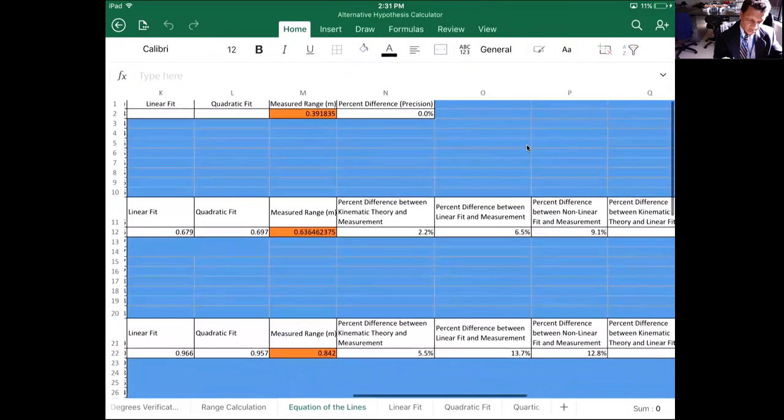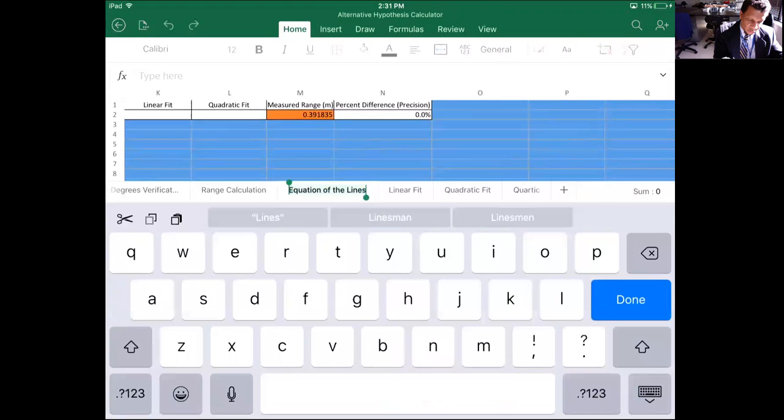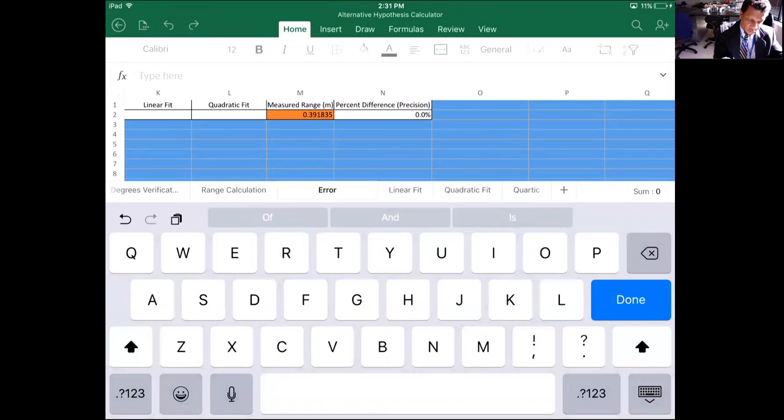I say equations of the line, but this is really our analysis. I probably should change this particular title and just look at it as analysis, or analysis part 1. But we have our linear fit here. You know what, I'll just call it that.